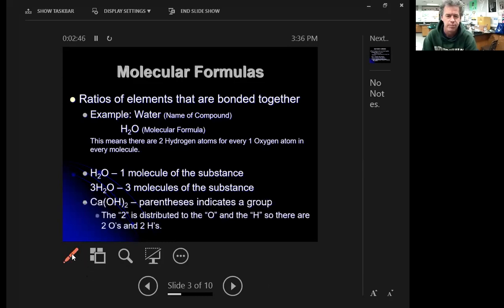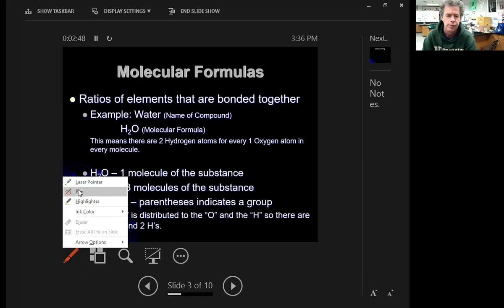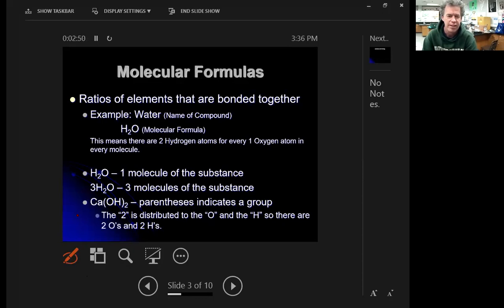We could maybe draw that as a Ca, and then you could have an OH over here, and an OH over here. So the 2 is distributed to both the O and the H. There's an OH here, and there's an OH there.